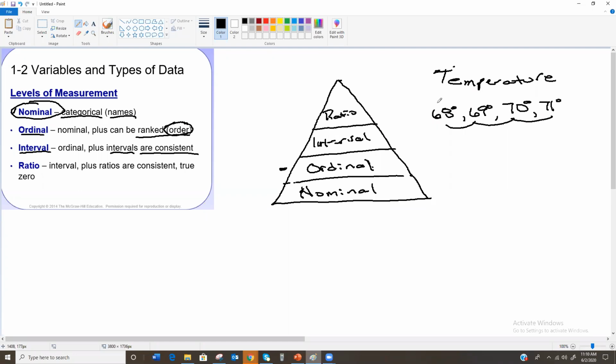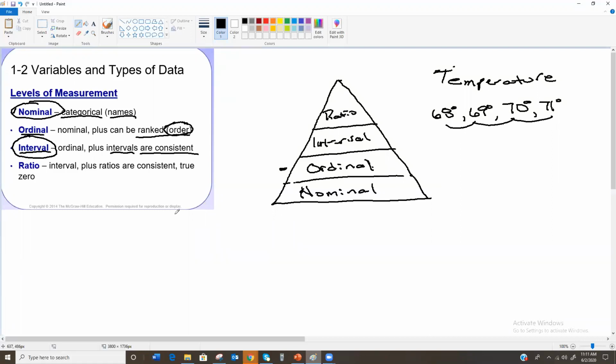So the intervals between degrees are 1 degree. If you're at 70, your next choice is going to be 71, and it does that all the way up and all the way down. Almost always an interval has to be a number, because you have to be able to count if it's consistent between the intervals.